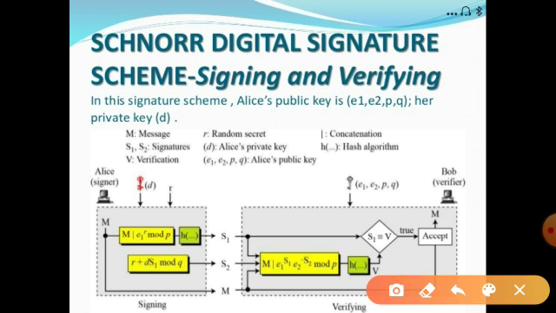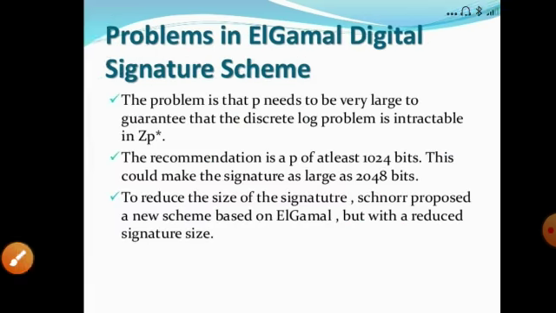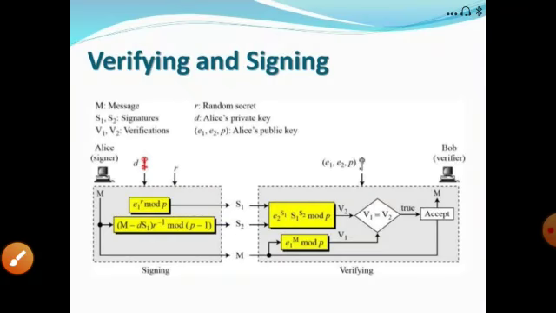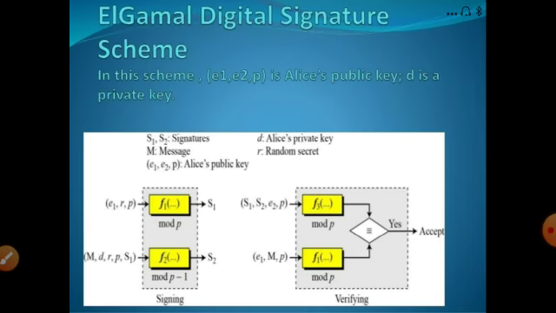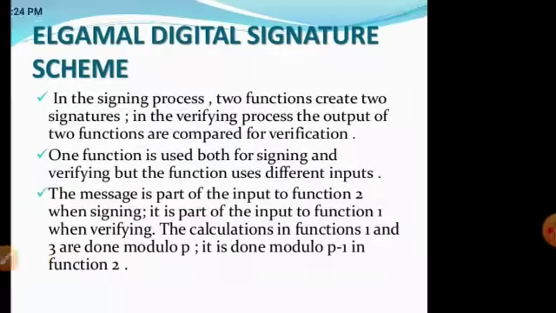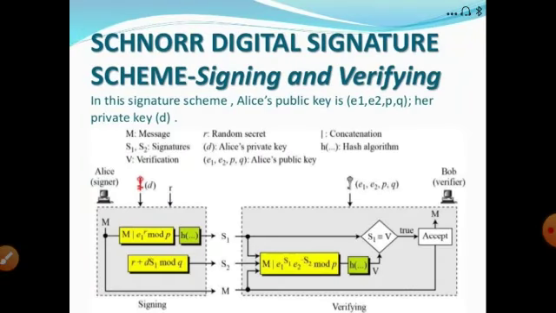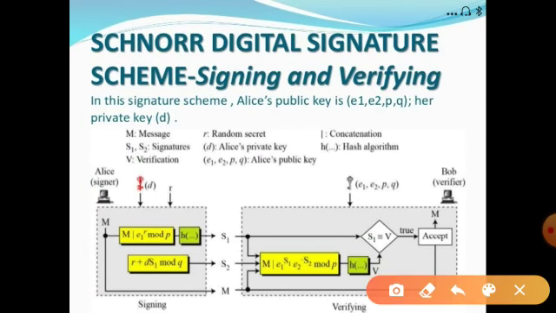In this Schnorr digital signature scheme, the public key is E1, E2, P, Q. Previously we used E1, E2, P. Here in the Schnorr scheme we use the combination E1, E2, P, Q as the public key, and the private key is D only.